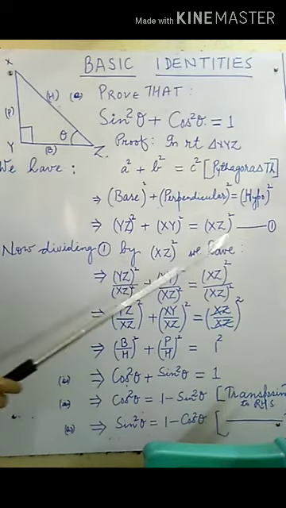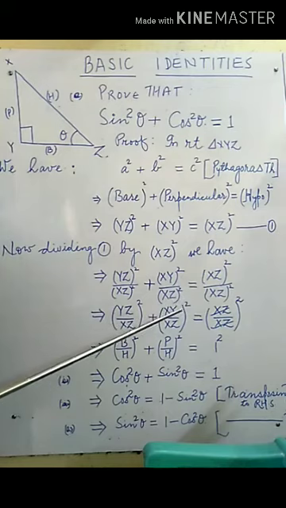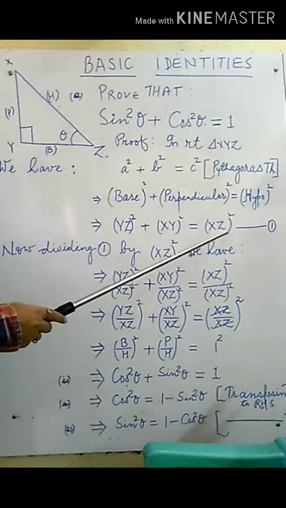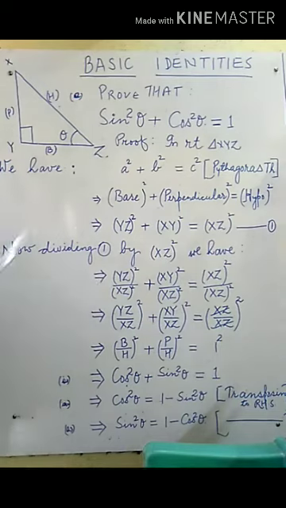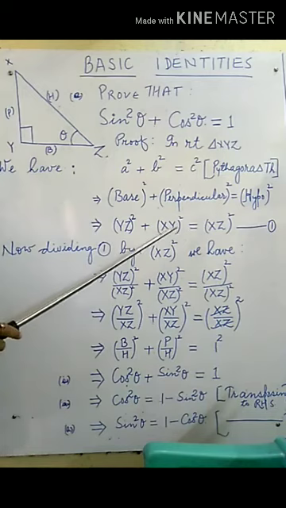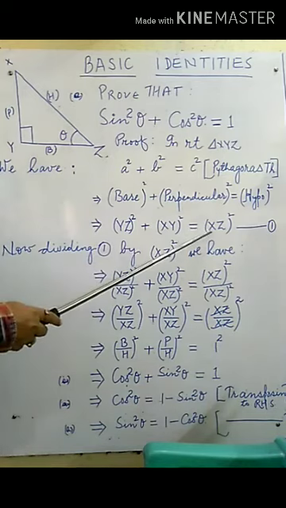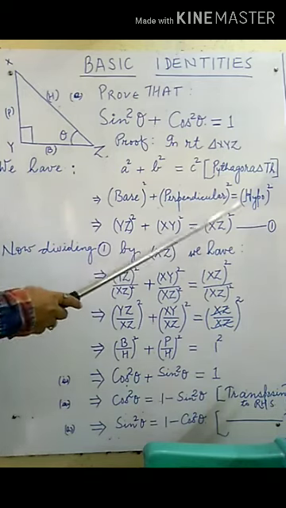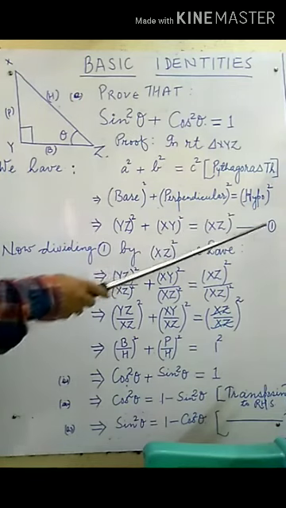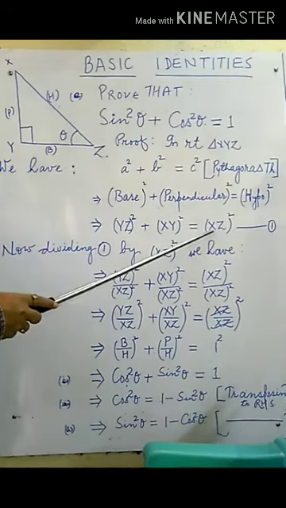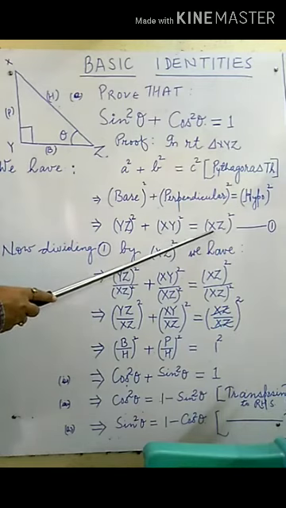How do we obtain equation number 1? Can you recollect it? On the basis of Pythagoras theorem. Now see, YZ whole square plus XY whole square equals XZ whole square. This is equation number 1, and it will be divided by XZ whole square.